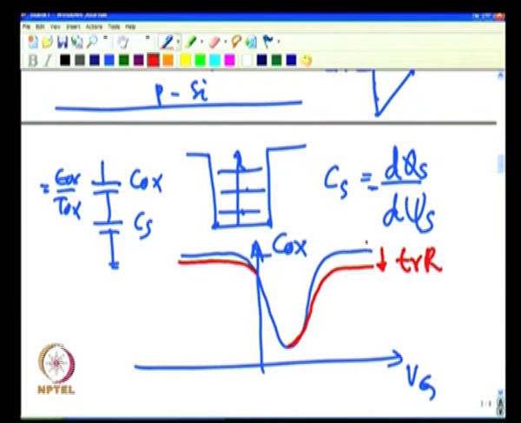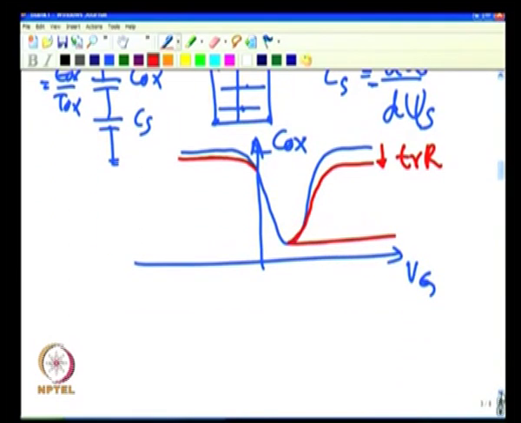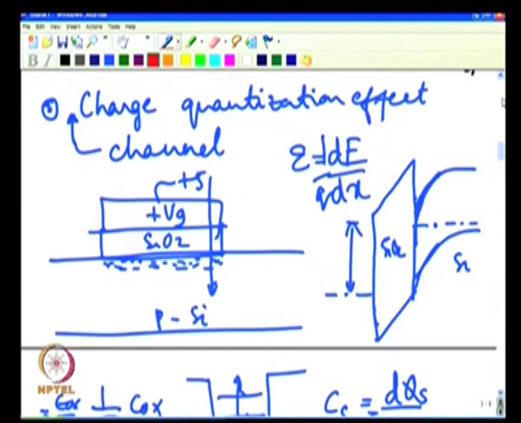If you are doing a CV curve on a capacitor, the inversion capacitance will anyway not be at C ox, it will be much lower, governed by the maximum depletion width, but the accumulation capacitance may have some impact, it may degrade a little bit. People also model this effectively as saying your effective oxide thickness has increased, and hence your capacitance will degrade.